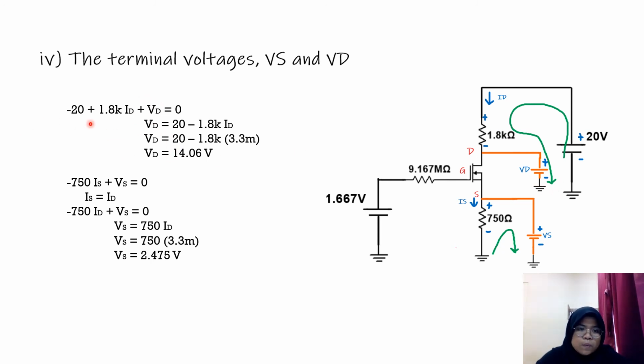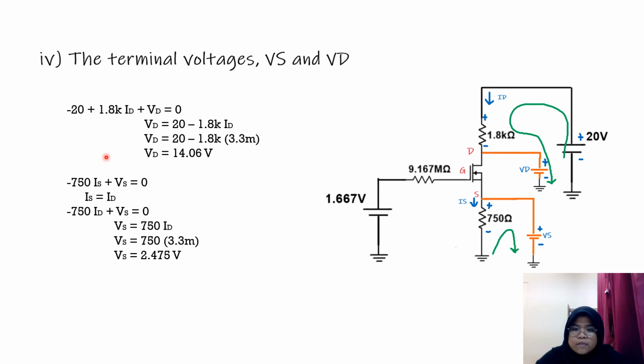So negative 20 plus 1.8k ID will move to the right, and VD equal to 20 minus 1.8k ID. ID from the graph is 3.3 milli. So VD is equal to 20 minus 1.8k times 3.3 milliampere. So the value for VD is 14.06 volt.